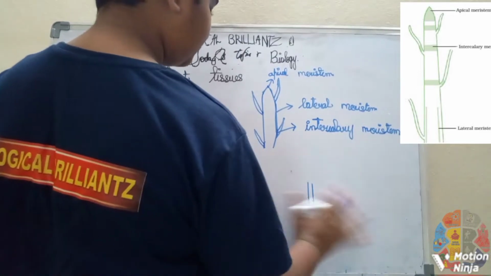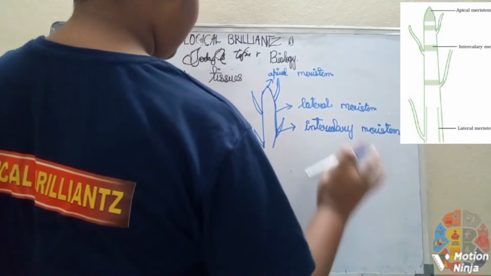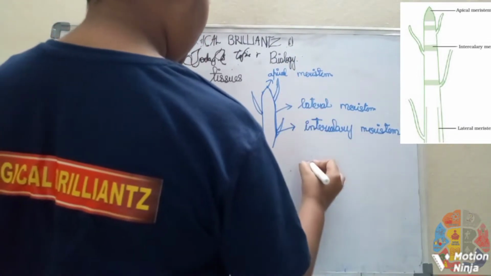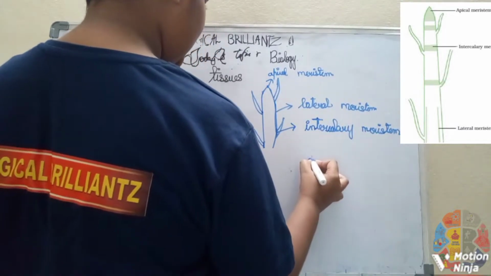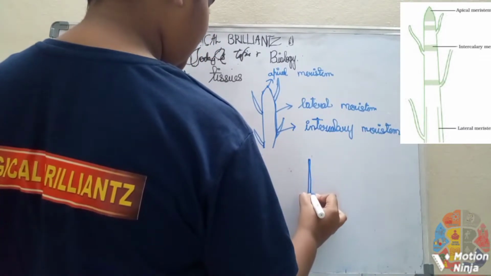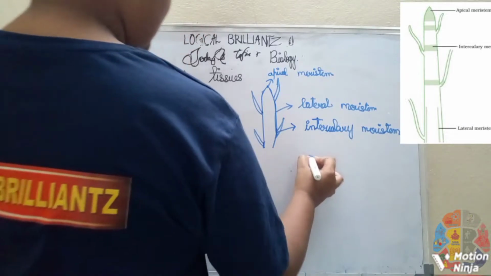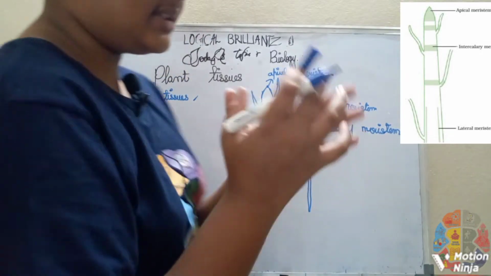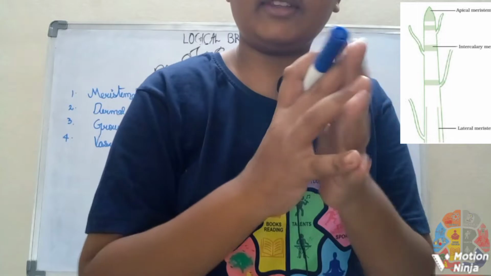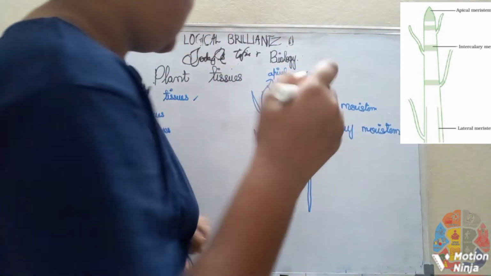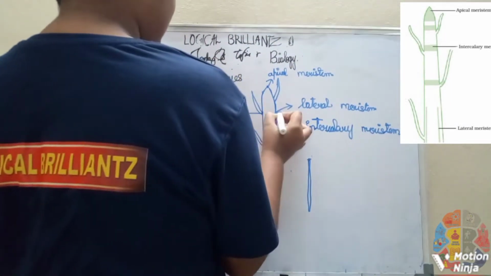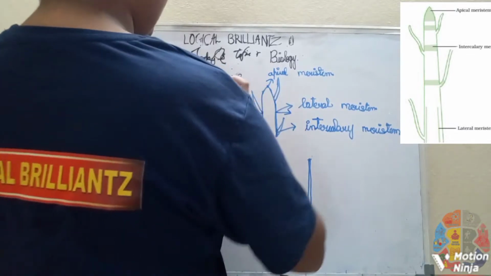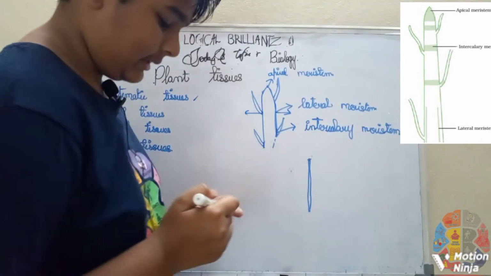if lateral meristem were not there, it would be very thin. It couldn't even grow into a tree, because the lateral meristem helps in increasing the width of a plant.